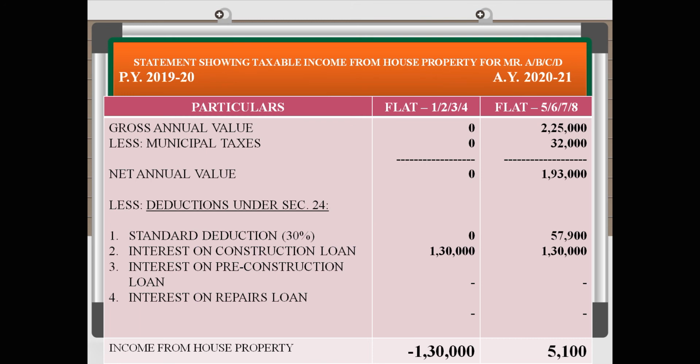Municipal taxes are deductible for let out house property, not allowed for self residential house. Even if given, we don't take them. And we arrive at net annual value: 0 for first unit and 1,93,000 for the let out flats.